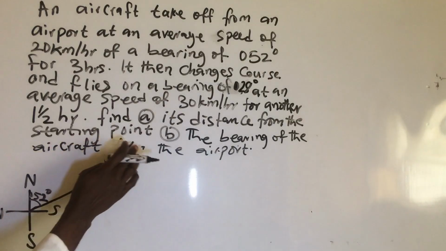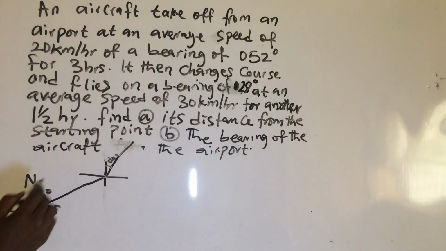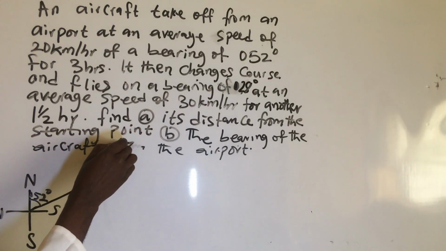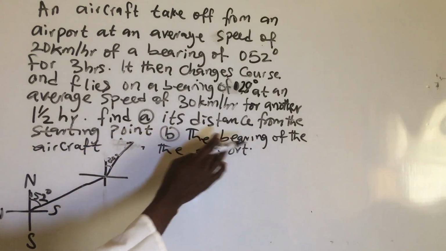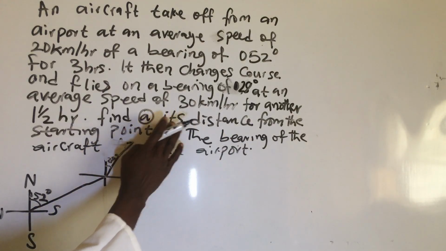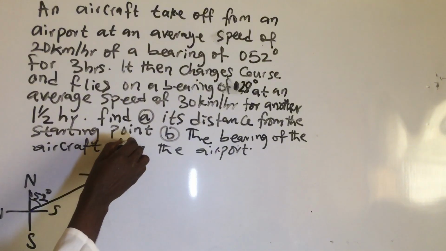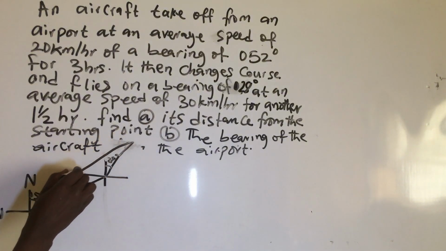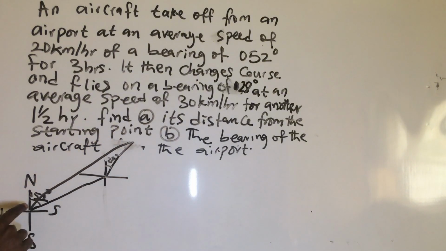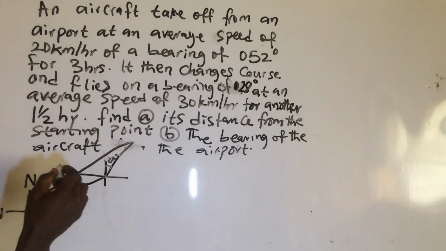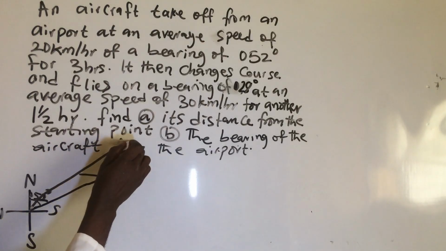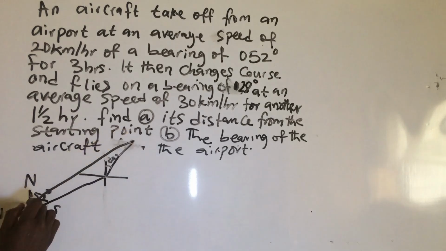And it reaches here. They now ask us to find the distance from the starting point. This is the starting point. He asks us the distance from where this particular plane is now to this place.